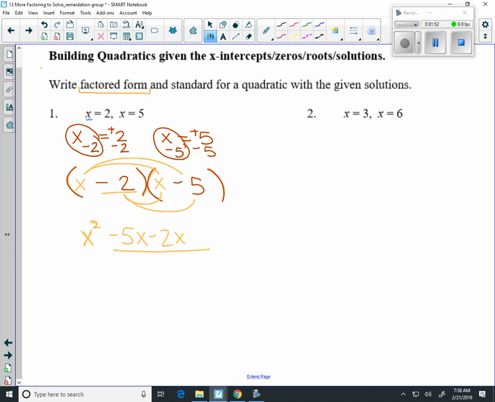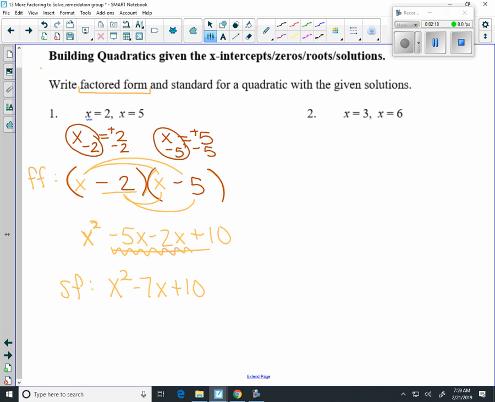Negative 2 times negative 5 is positive 10. And then to get final standard form, we combine our like terms. X squared, negative 5 minus 2 is negative 7x plus 10. So your factored form is here with your parentheses. Your standard form is here with your x squared situation.